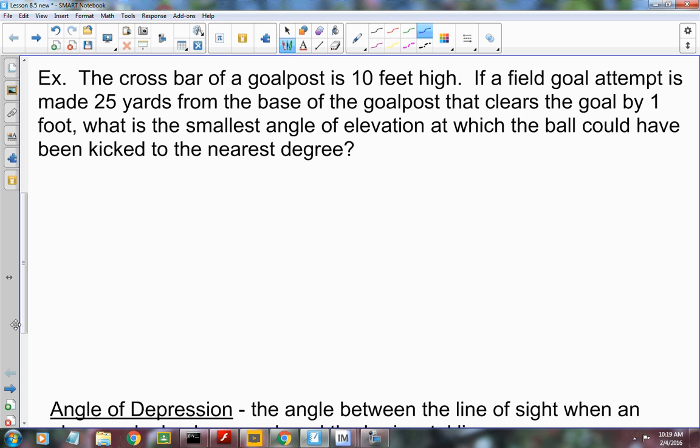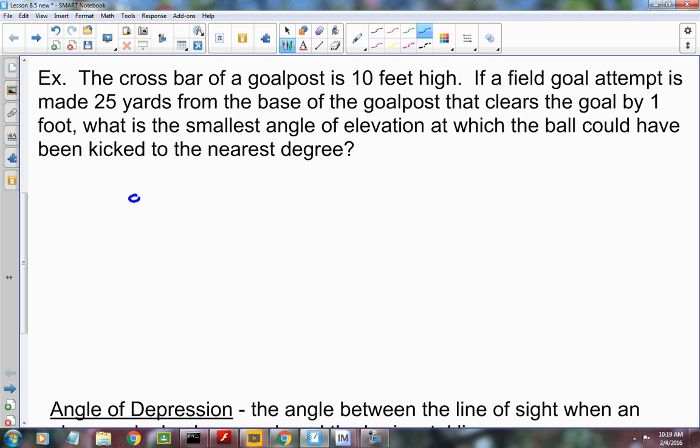It says the crossbar of a goalpost is 10 feet high. If a field goal attempt is made 25 yards from the base of the goalpost that clears the goal by 1 foot, what is the smallest angle of elevation at which the ball could have been kicked to the nearest degree?